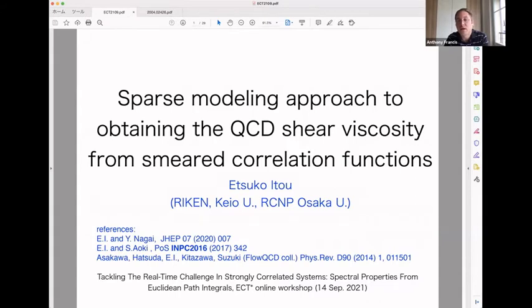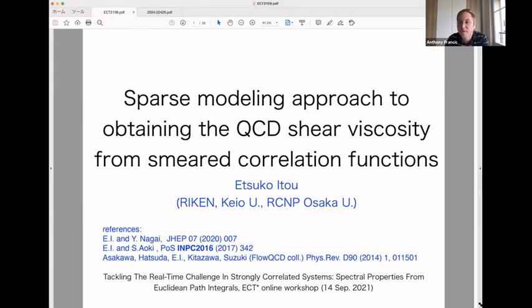That's amazing. And this is really nice to hear because a second ago in the previous session, we had Hiroshi Shinaoka give a presentation on the sparse modeling approach in a condensed matter surrounding. And now we will see how Itsuko brings this to a very interesting application in QCD, which is the shear viscosity, which I think many of the people in the audience have worked on in the past.